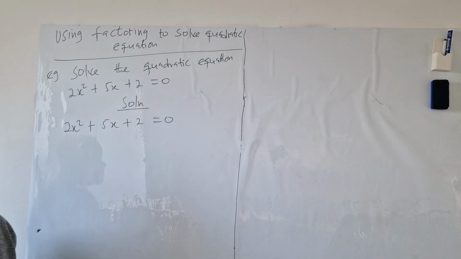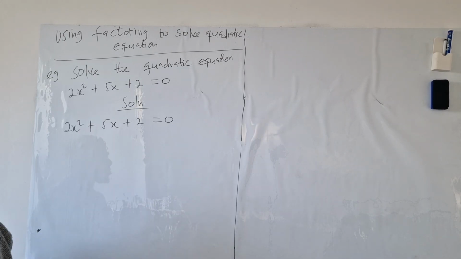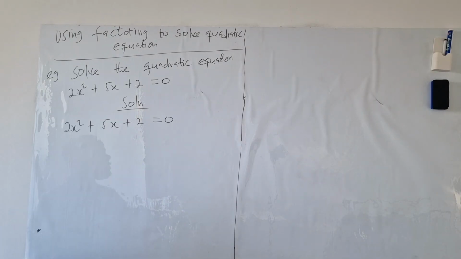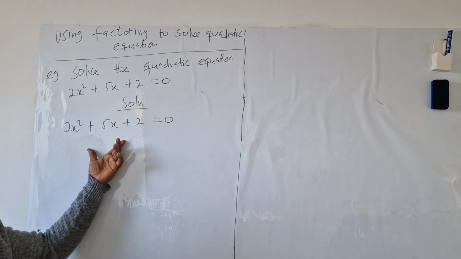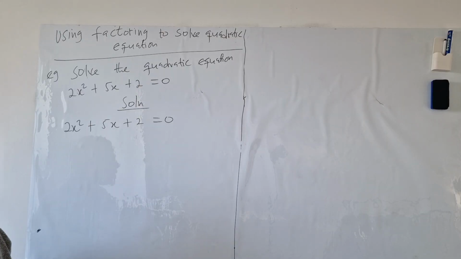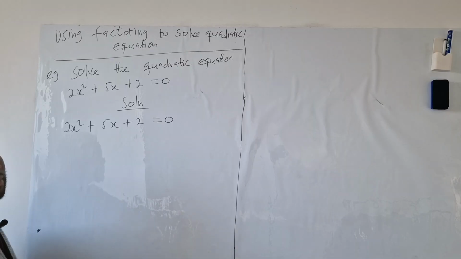Now, in using factoring method to solve quadratic equation, the quadratic equation given to us has 3 terms at the left side of the equal to sign. And it becomes very difficult to use the factoring method to solve this equation when we have these 3 terms here, unless we change from the 3 terms to 4 terms.